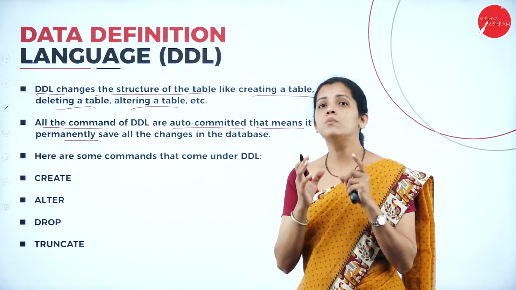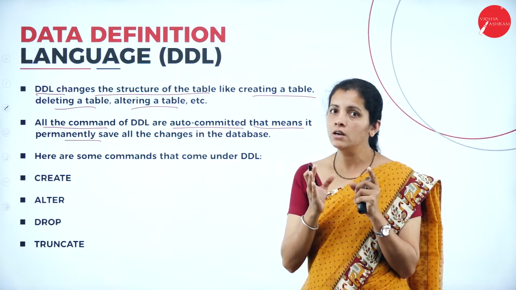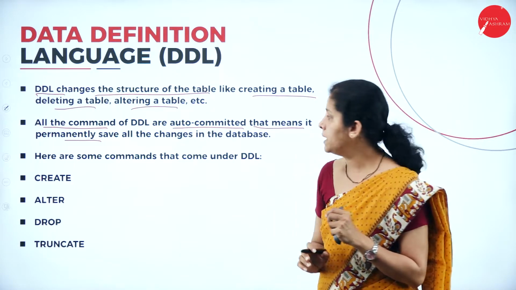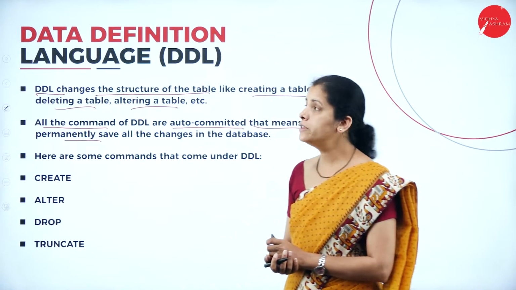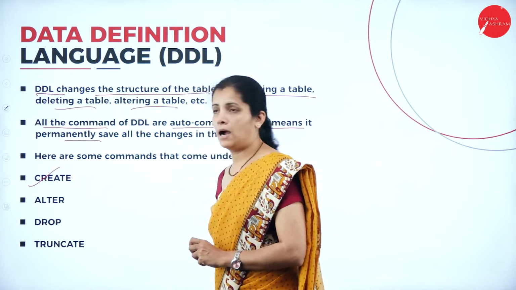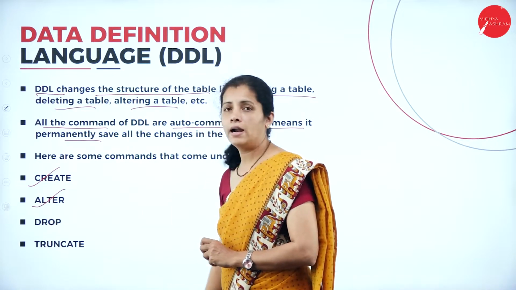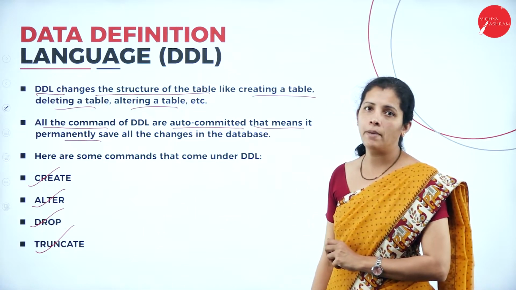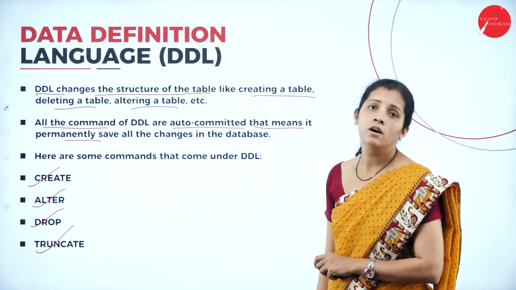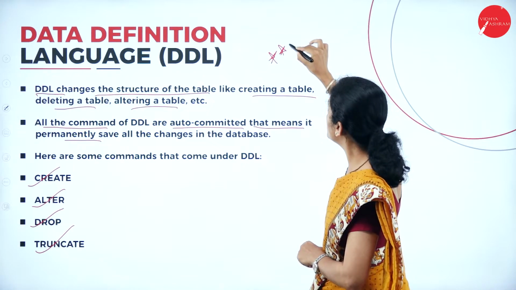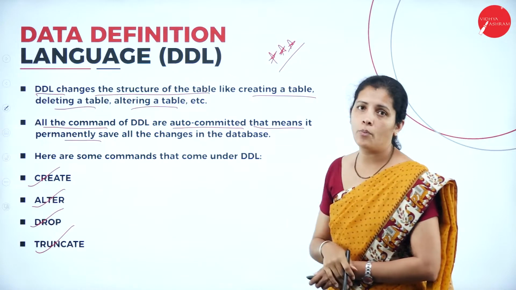Whatever modification or changes I am going to do are saved permanently. And some of the DDL commands are create command, alter command, drop command, and truncate command. So dear student, from the examination point of view, this is a very important topic.